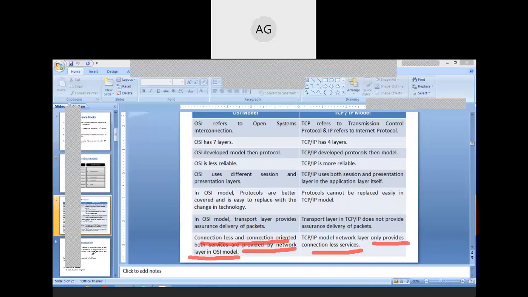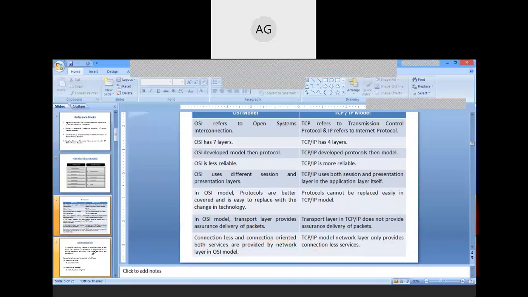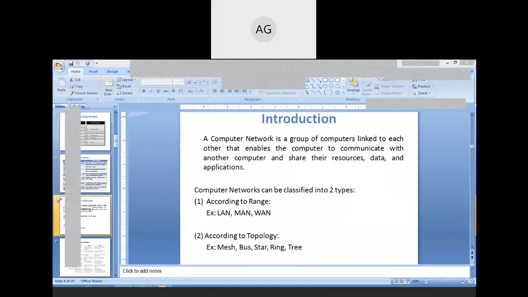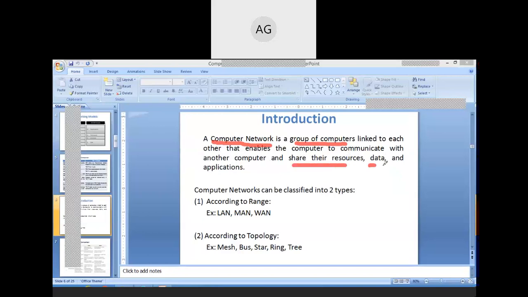Now moving to the next slide. Now the question arises, the definition of computer network. A computer network is a group of computers linked to each other that enables a computer to communicate with another computer and share their resources, data, and applications.